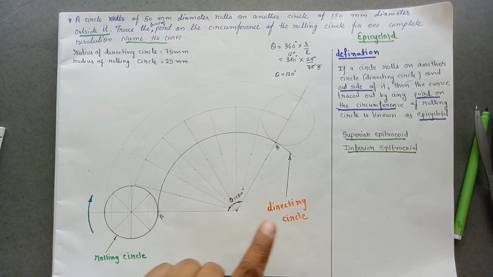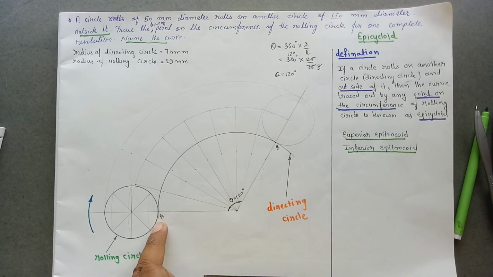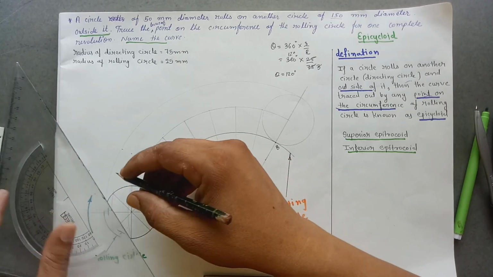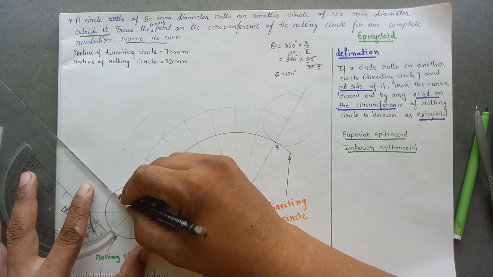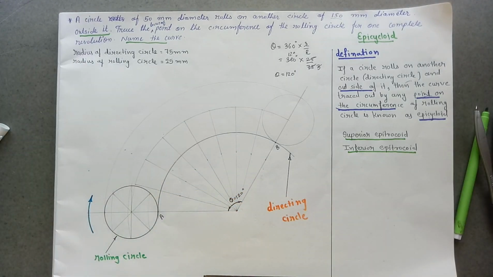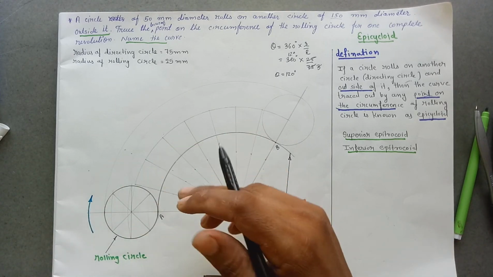Now after drawing the directing circle and rolling circle, and the positions of the starting point and end point on the directing circle at theta angle, it is 120 degree. Divide the rolling circle into 8 equal parts. Now the rolling circle rolls in the clockwise direction.